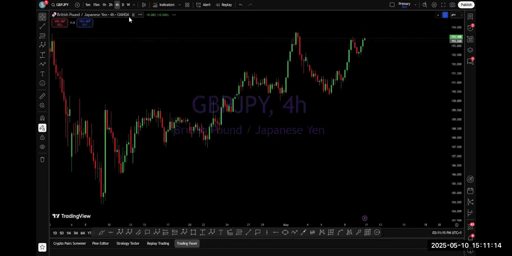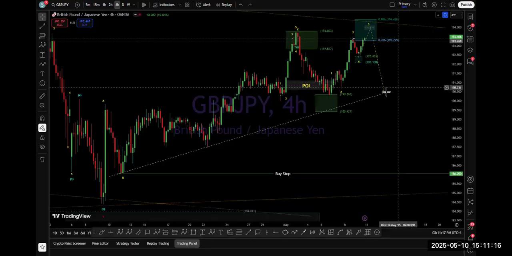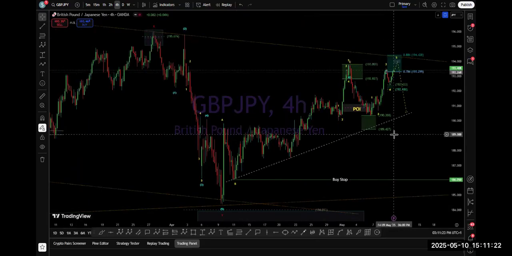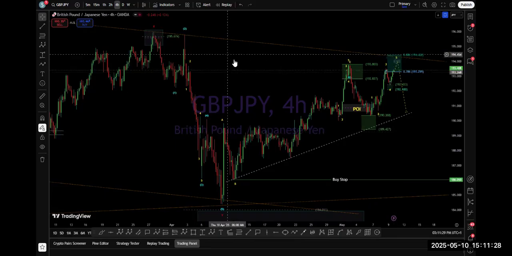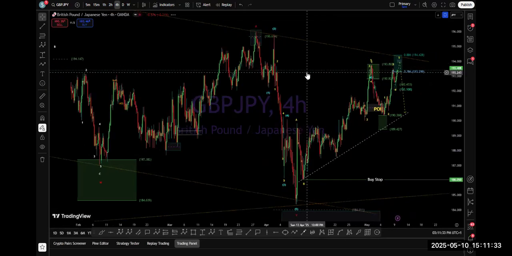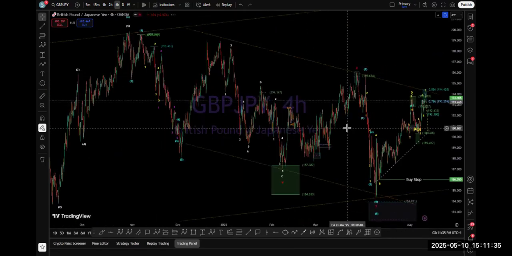Pound JPY, same situation. We're looking for it to sell after the buying is over. So to me, this is what I'm looking for, a sell. Let me show you.